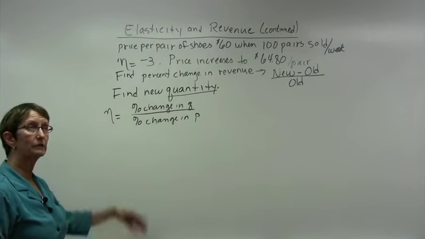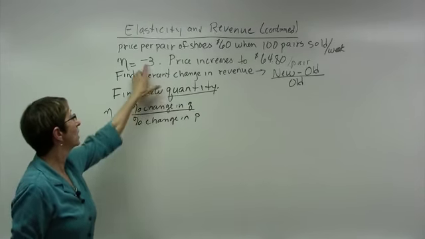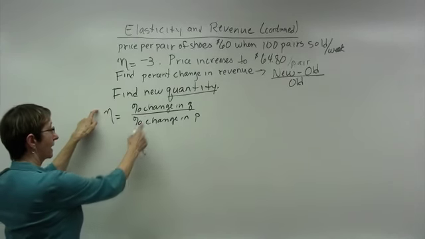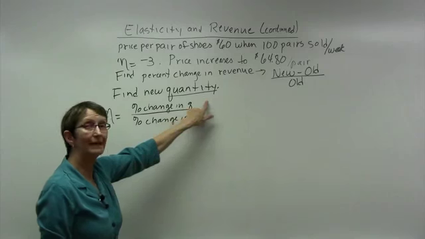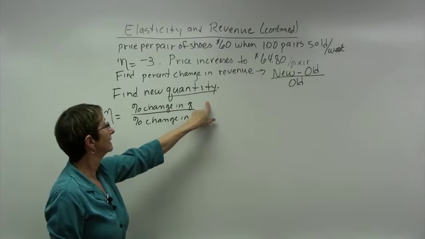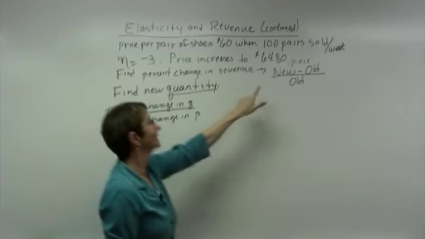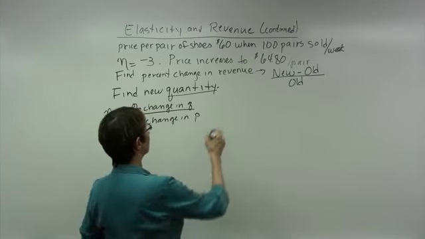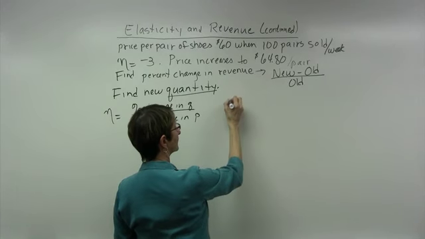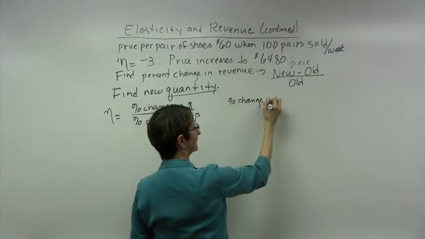So if I could find the percent change in price, I know the elasticity, I can solve for the percent change in quantity, which will give me my new quantity. So we need to find the percent change in price. Well, percent change in price, new minus old divided by old. So let's look over here at percent change in price.